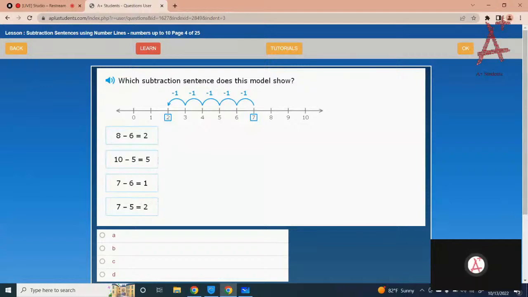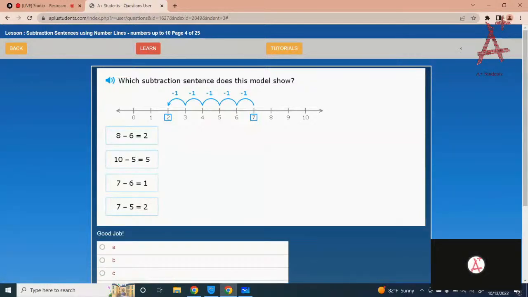So how many times do you move back? 1, 2, 3, 4, 5. So you move back 5 times. So it would be 7 subtract 5 equals 2. 7 take away 5 equals 2. That would be the last option. Select the correct option. Option D is the correct one and then click on the OK button.